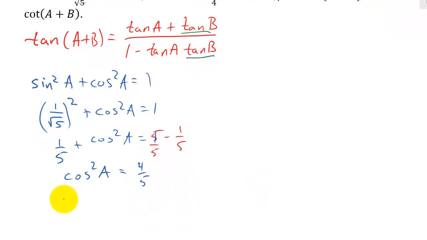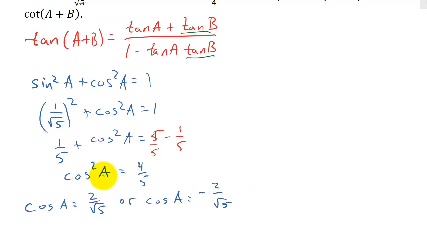I use my square root property, so cosine A is equal to 2 over the square root of 5, or cosine A equals negative 2 over the square root of 5.